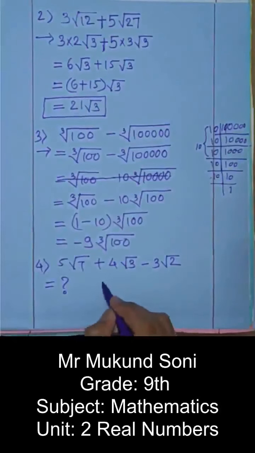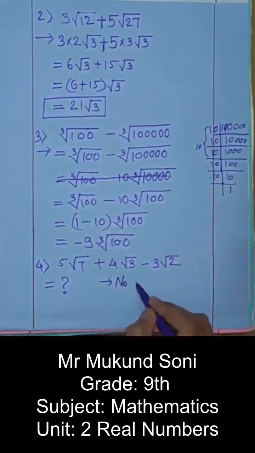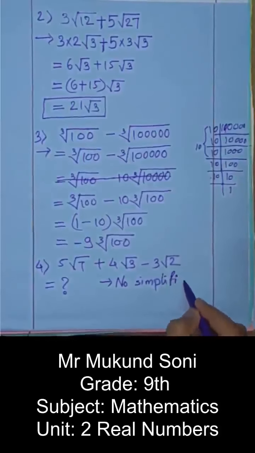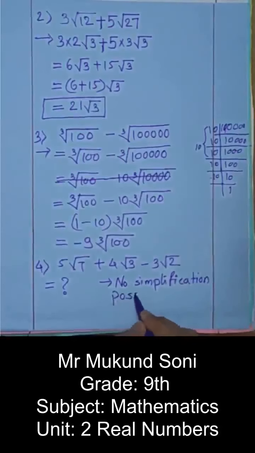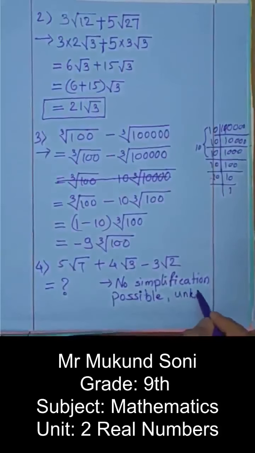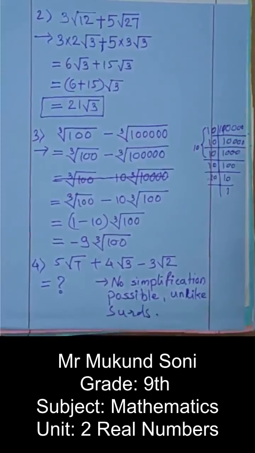So the answer will be: no simplification possible. Reason? Unlike surds, as we have received unlike surds. Understood, students?